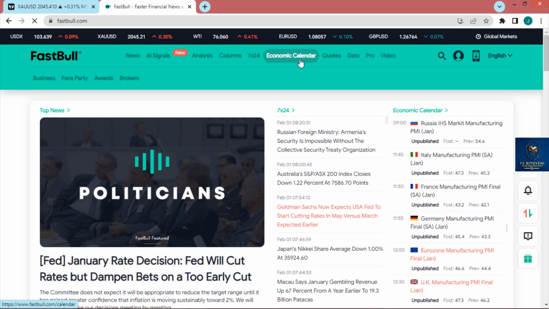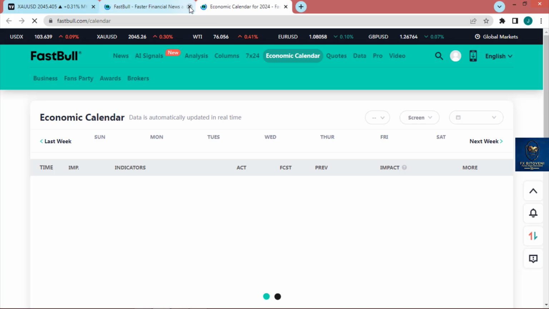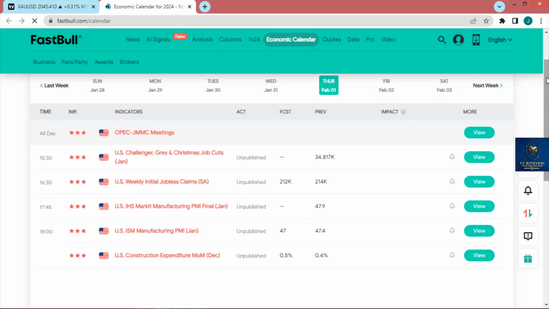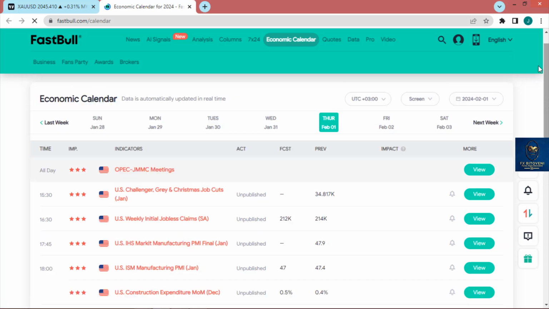Click on economic calendar right here, and then it will show you real data. Of course, when you click, a new window will open. Then go down.